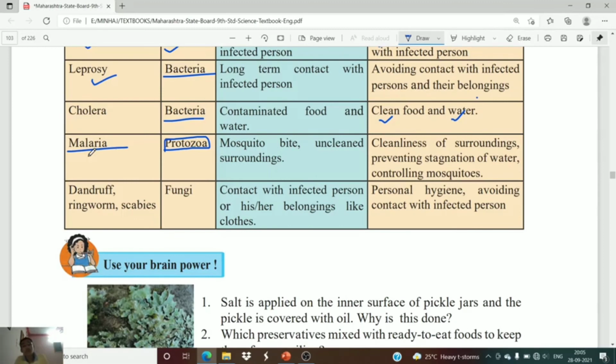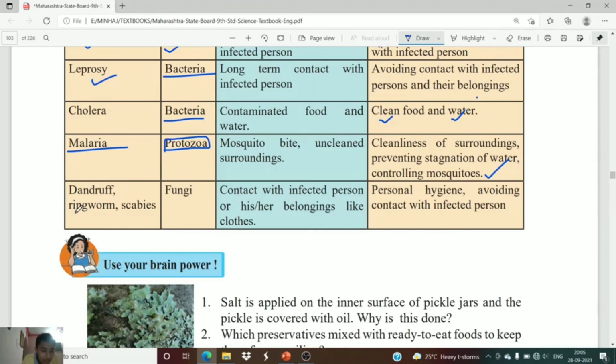If water is stored in an unhygienic way, then these mosquitoes lay their eggs there, in water which is unclean. So we have to make sure that the cleanliness of the surroundings is maintained and no stagnant water is there. We have to control the mosquitoes, so we may use some insecticides or pesticides.